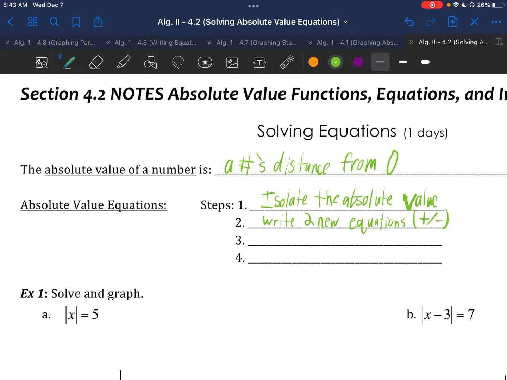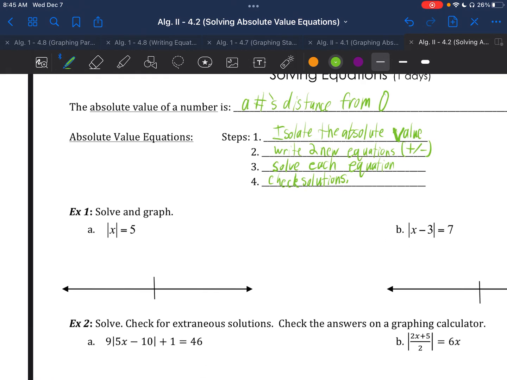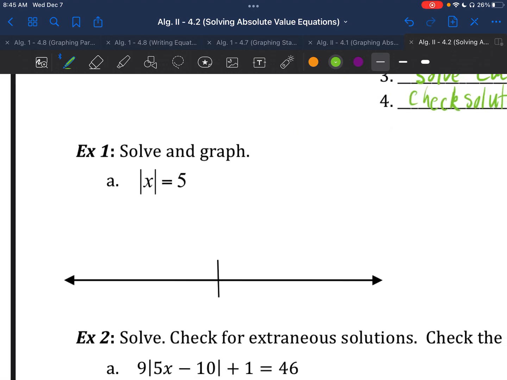And I'll explain this, but you'll want one of them to be positive and one of them to be negative. So I'll put a plus minus. Then you solve each equation like we know how to. And the last step is to check the solutions, because sometimes we can get a solution that doesn't actually work, which we'll call an extraneous solution.